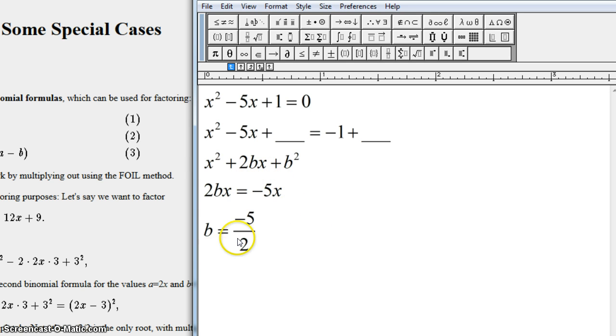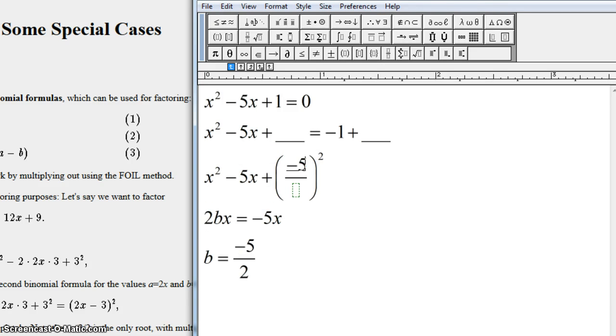So if we set b equal to negative 5/2, what this would look like is x squared minus 5x, and then this b squared would be minus 5/2 squared. And that would equal negative 1 plus what we added to both sides, this squared term. So you're going to put this on the other side as well.